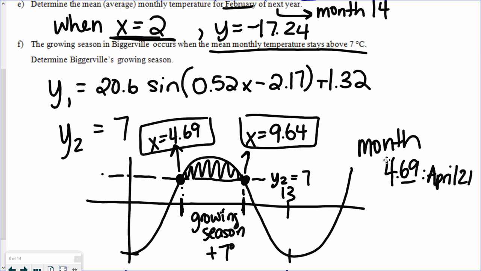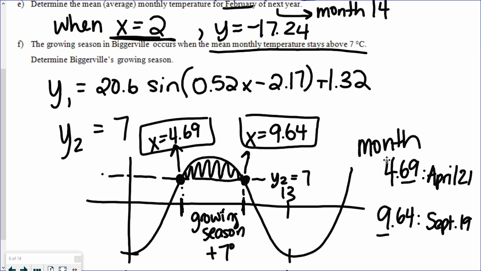And then 9.64: September is the 9th month, and September has 30 days. So 30 times 0.64 is about 19. So about April 21st to about September 19th is the growing season.